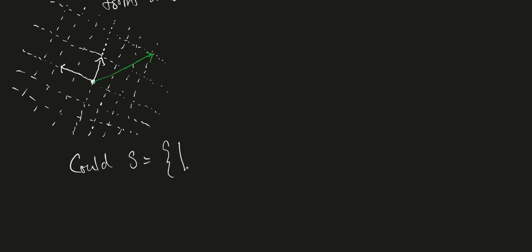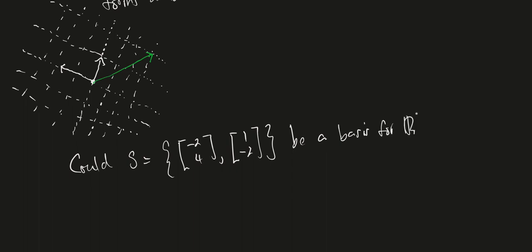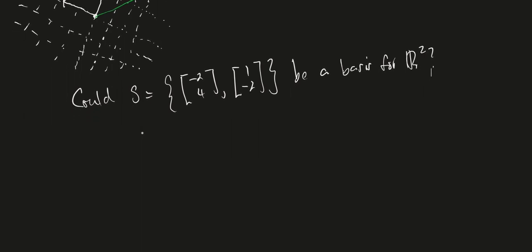Could this set be a basis for R2, right? And let's say we did it without sketching, because sketching only helps, again, when you're working with something that's 2 or 3-dimensional. So could this set be a basis for R2?